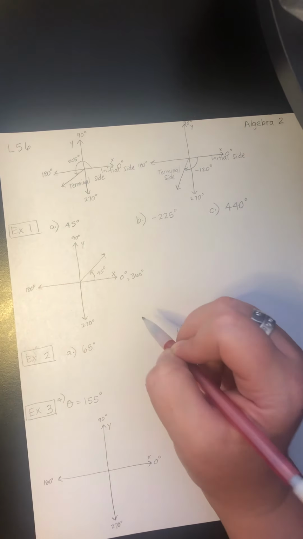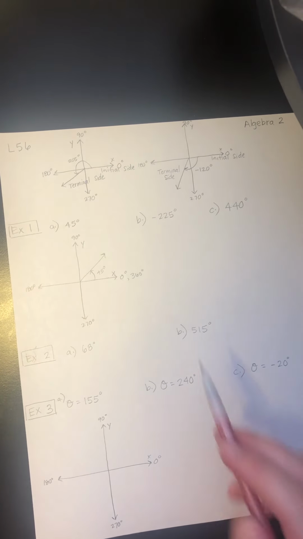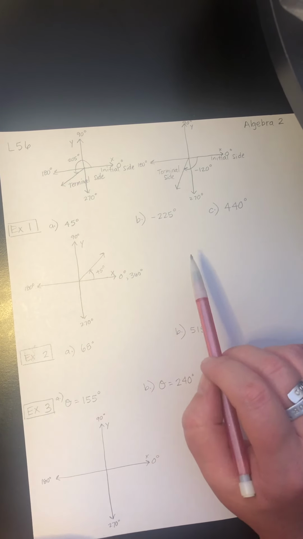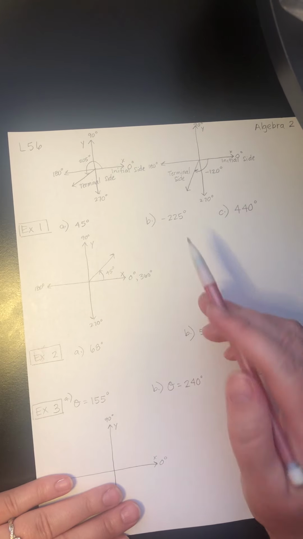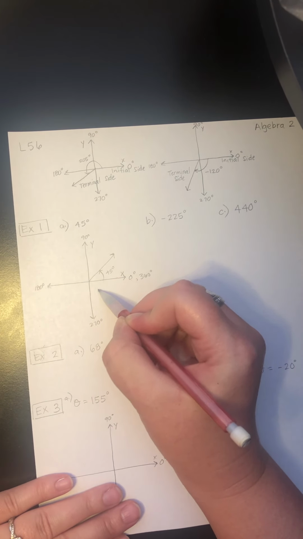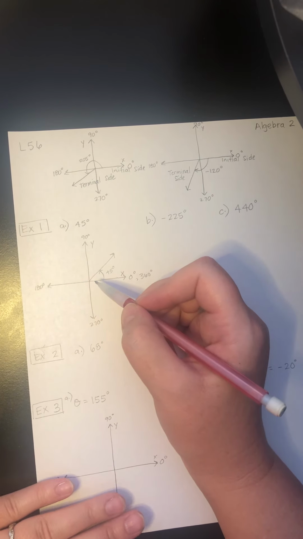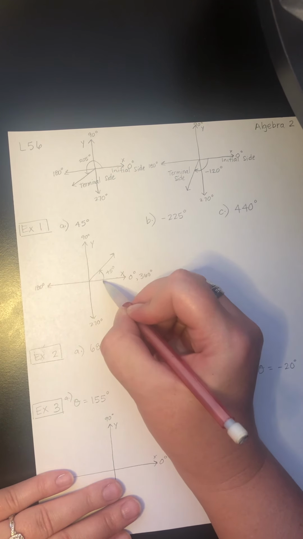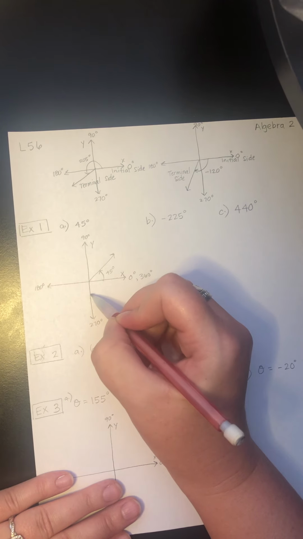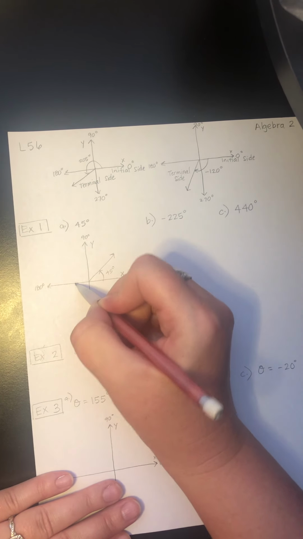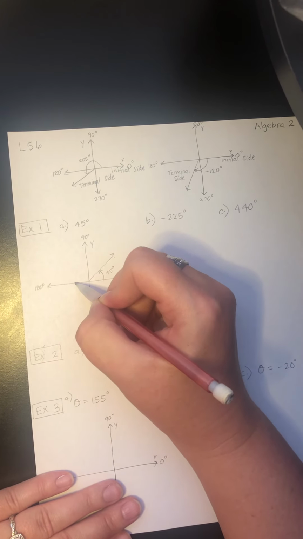Here's our positive x-axis. Now, negative 225 degrees. I'm going to do these on the same graph. If we want to graph a negative number, we start at 0 and we move clockwise. Negative 225 degrees. If we start here, we're at negative 90 degrees. Keep going, we're at negative 180.